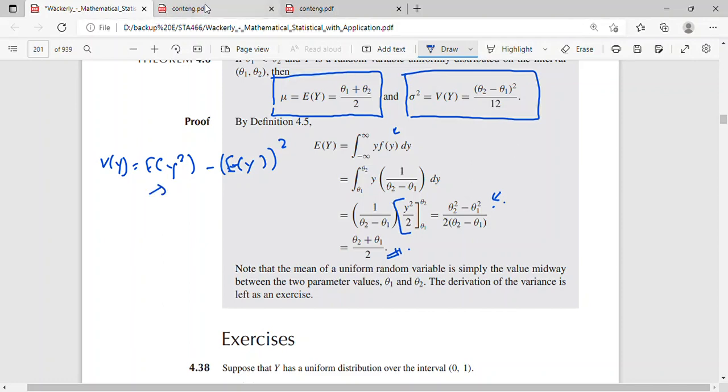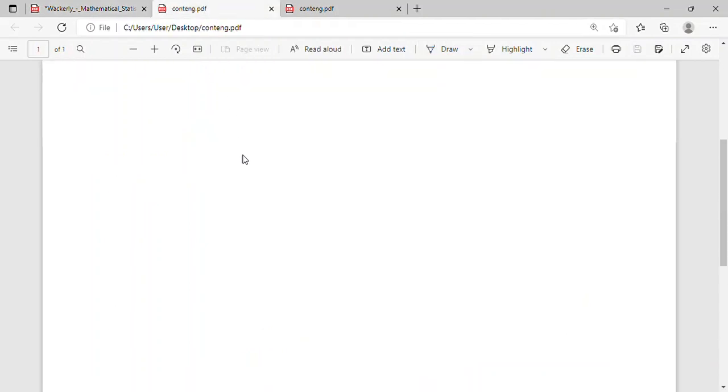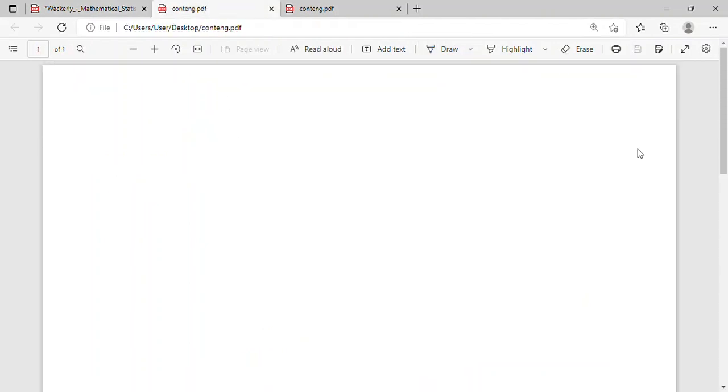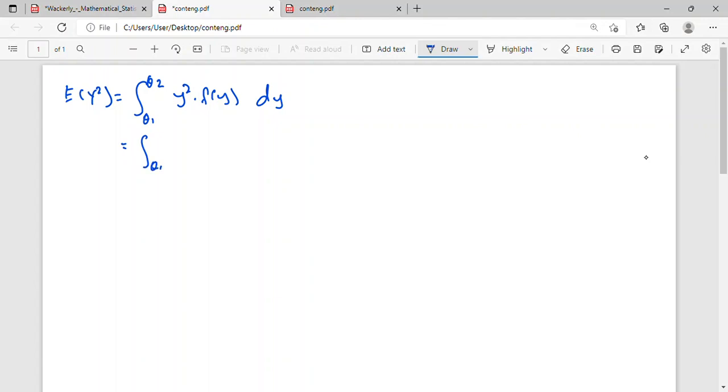Gunakan mathematical expectation as usual juga, which is we need to integrate Y square dengan fy. Integrate with respect to Y from theta 1 to theta 2. So it will be Y square multiplied dengan 1 over theta 2 minus theta 1 dy.